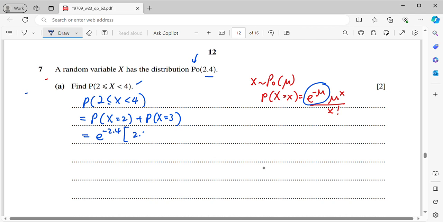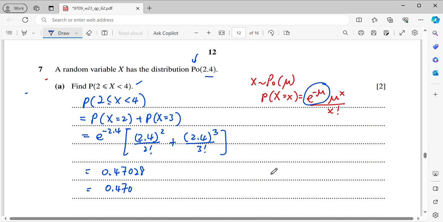Then it will be 2.4 squared over 2 factorial plus 2.4 cubed over 3 factorial. Okay, so when you calculate this value, it's going to be 0.47028. And now when I round to 3 significant figures, that is going to be 0.470. So that's the solution for 7a.